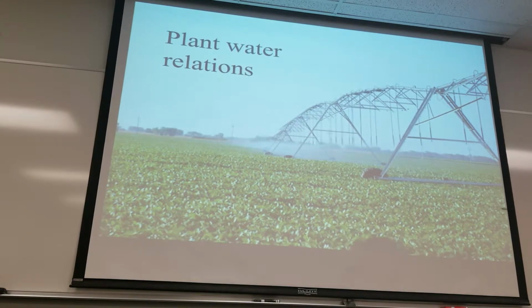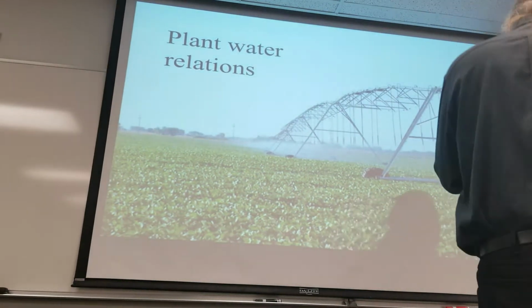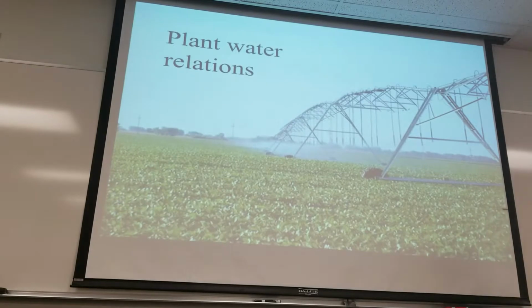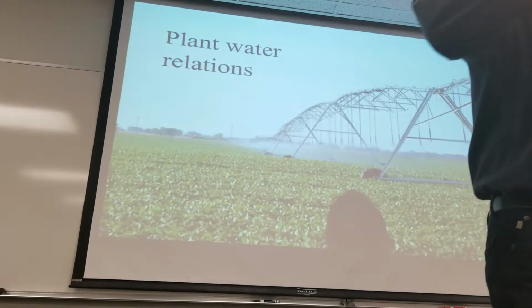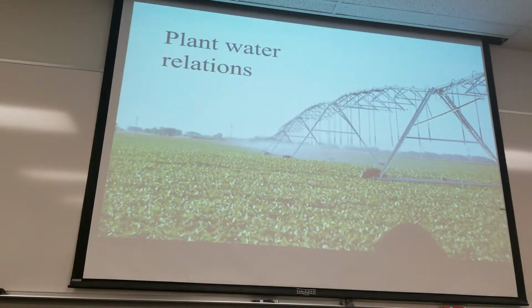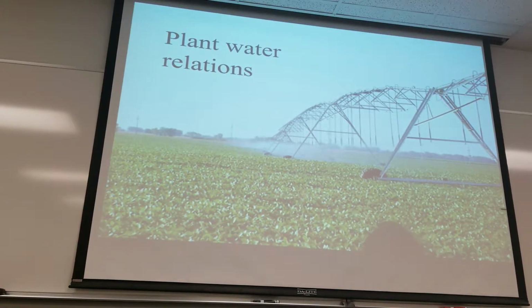But I don't think the plant... let's see, if I were a plant, it seems like they open the stomata to gain carbon, and the water loss is just a consequence of that. If a plant has too high a temperature, it won't open its stomata to evaporate water and cool off.